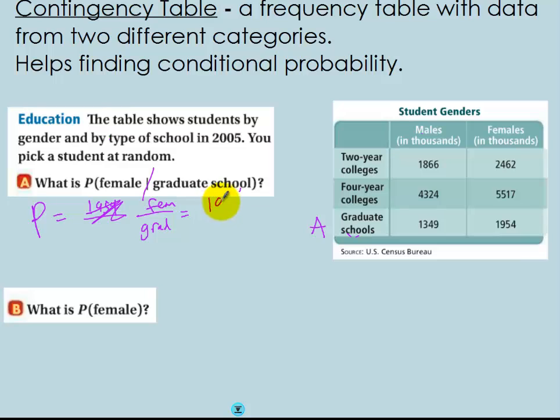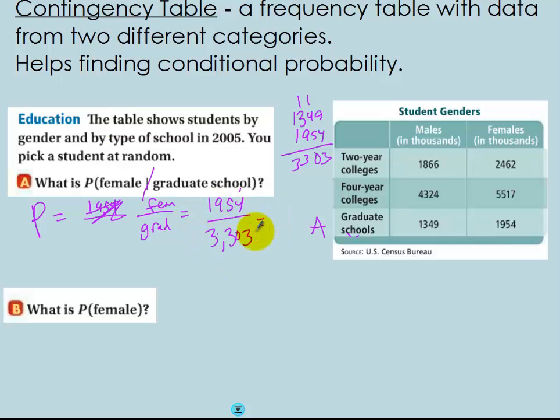So it'll be 1,954 over 1,349 plus 1,954. And if you add those two up, what you'll get is 3,303.